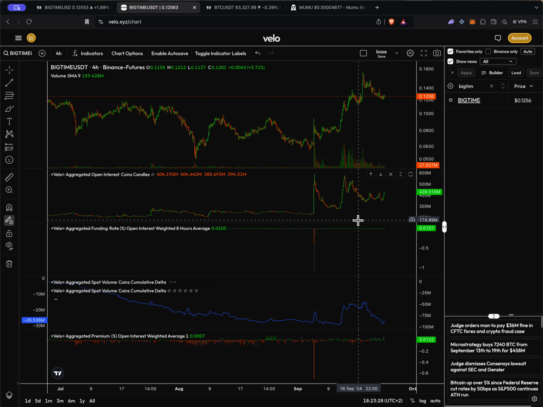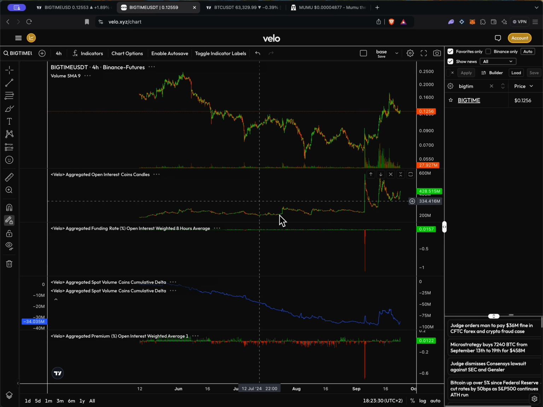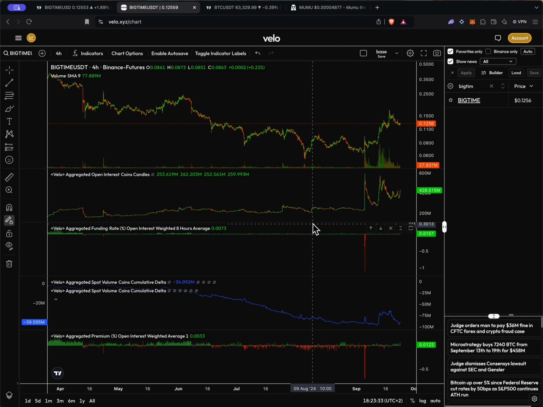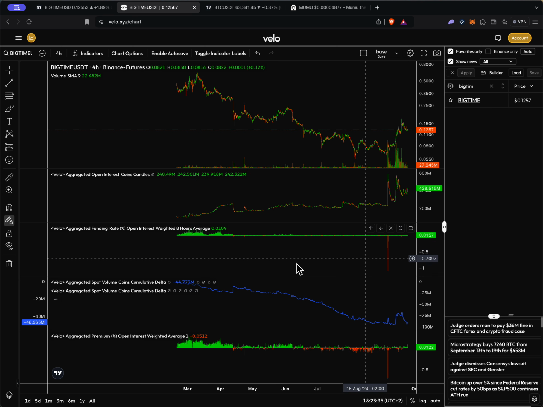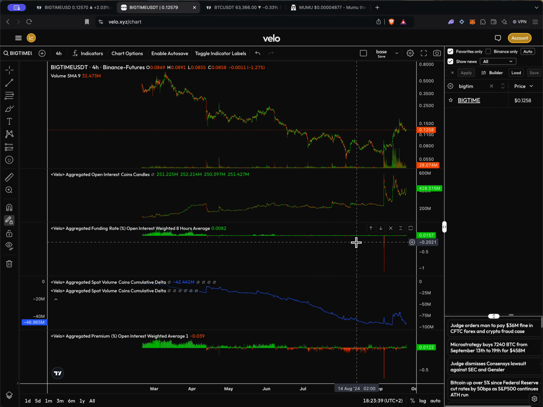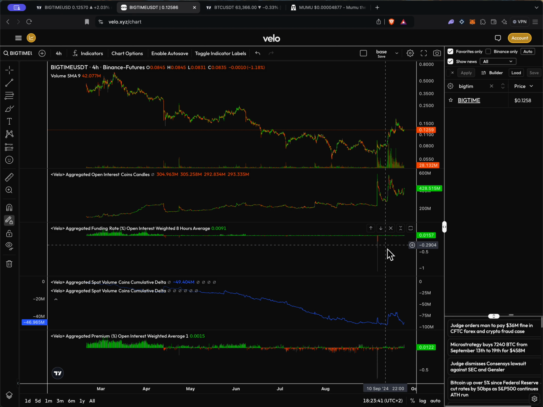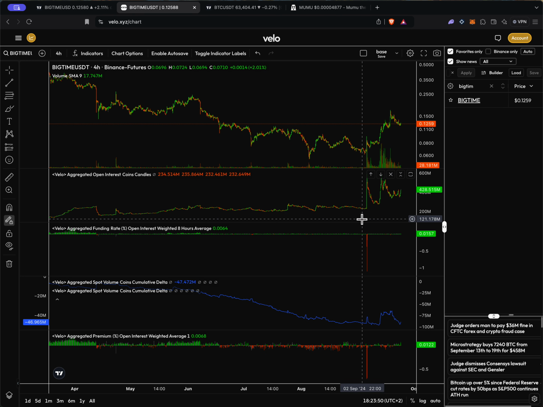How it looks, not that great data on Velo, because open interest looks flat, weird. Here, the funding rate. Ah, okay, now I get it because it was a super short. Wow, this is nice. Everyone shorting here.